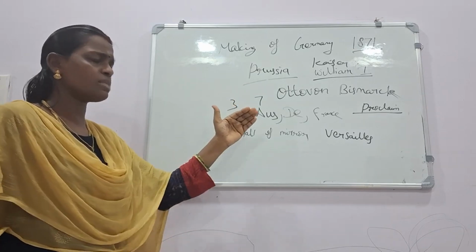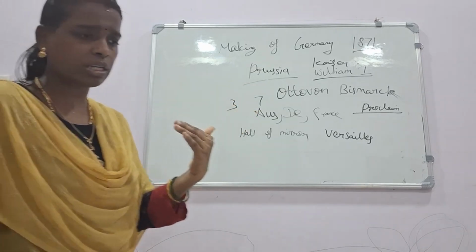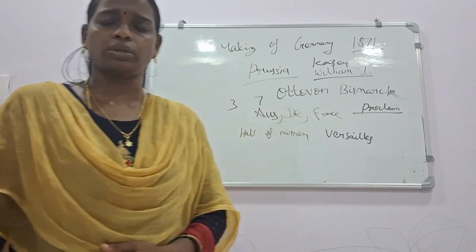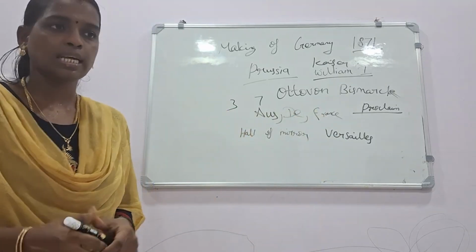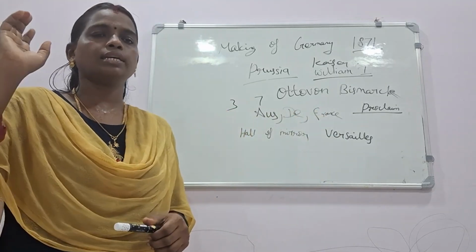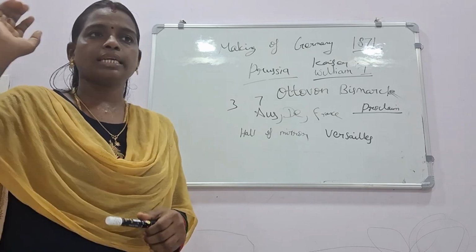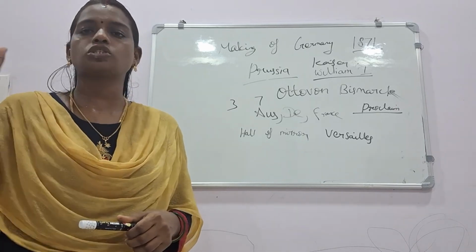When this monarchy led Germany, they made many changes. They changed the currency, the judicial system and the legal system.